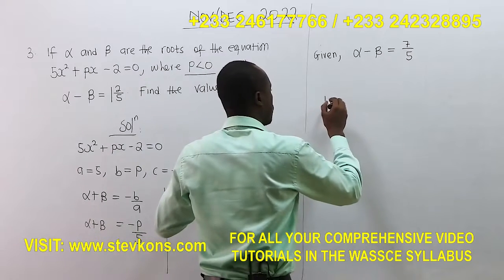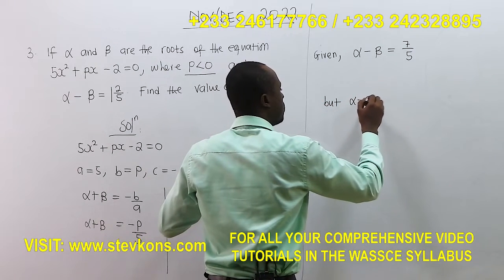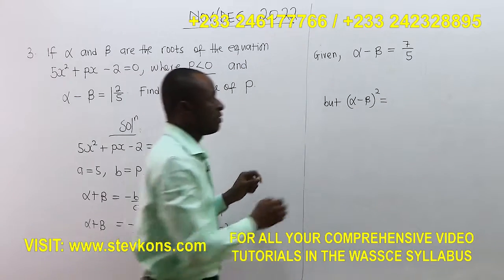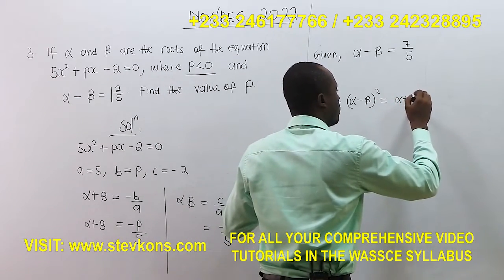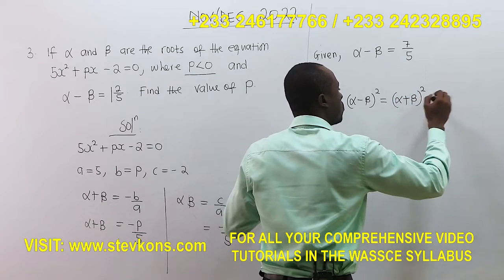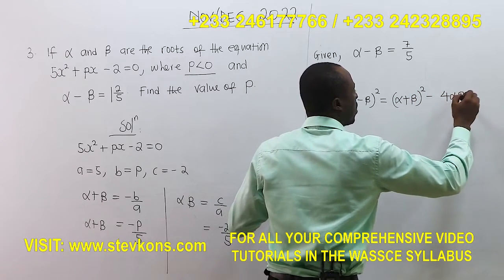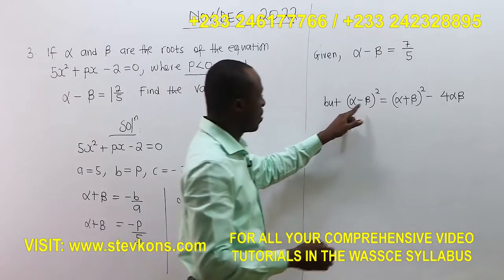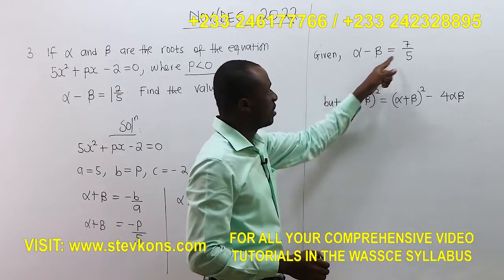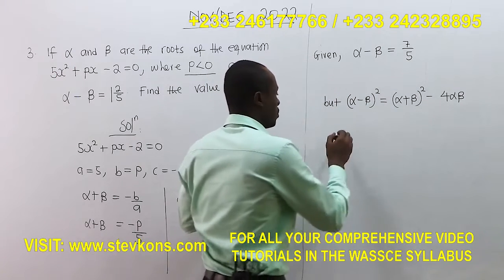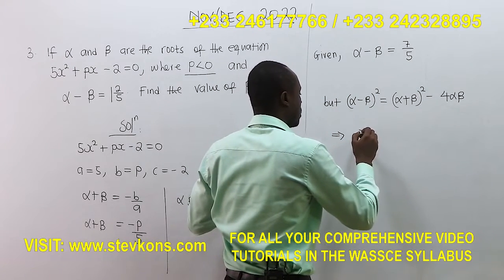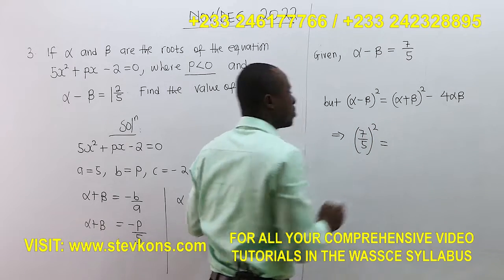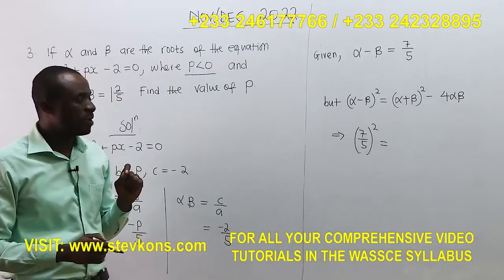Now, we know that alpha minus beta all squared is alpha plus beta to the power 2 minus 4 alpha beta. Alpha minus beta is 7 over 5, so we have 7 over 5 squared equal to alpha plus beta squared minus 4 alpha beta.